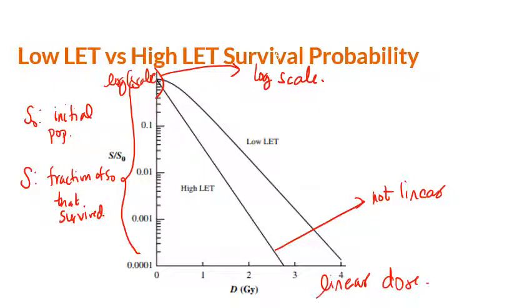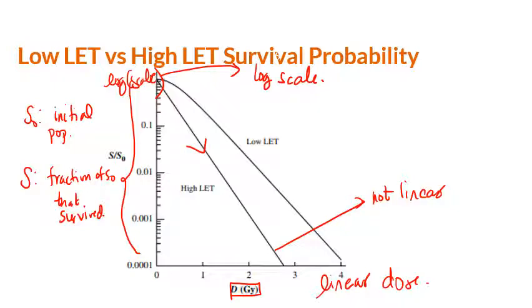So yung high linear energy transfer, pag tinignan nyo, given some dose, the higher the dose, ibig sabihin yung amount of radiation, mas mabilis bumaba yung survival probability.